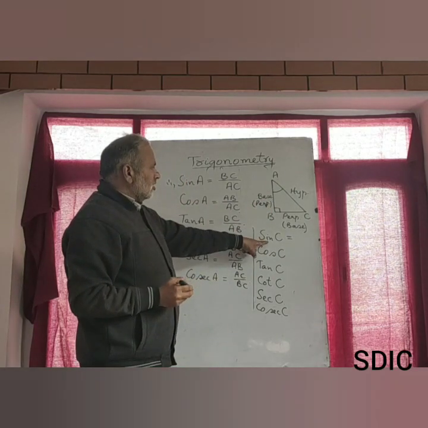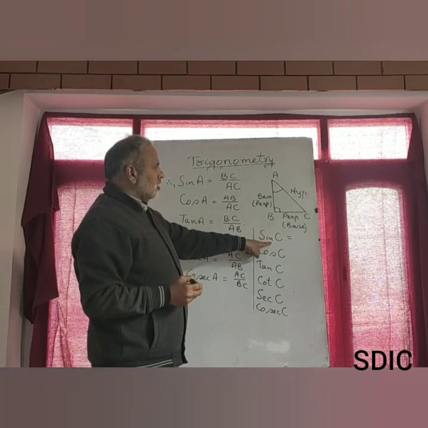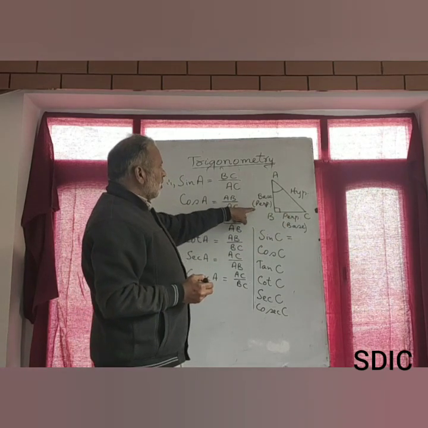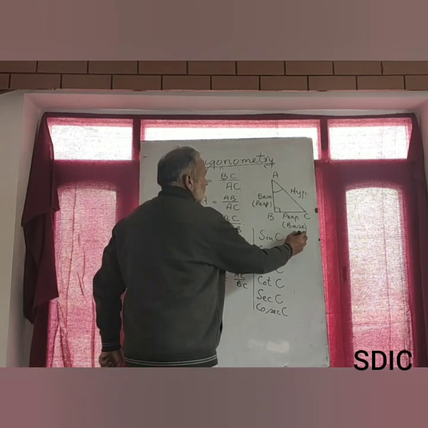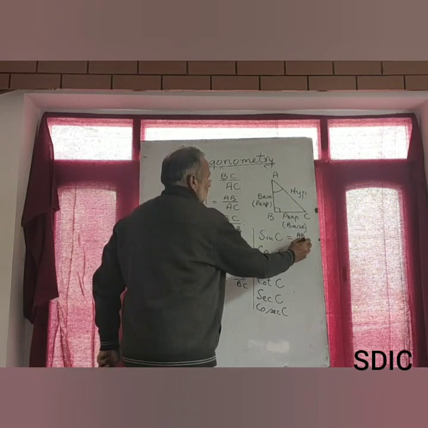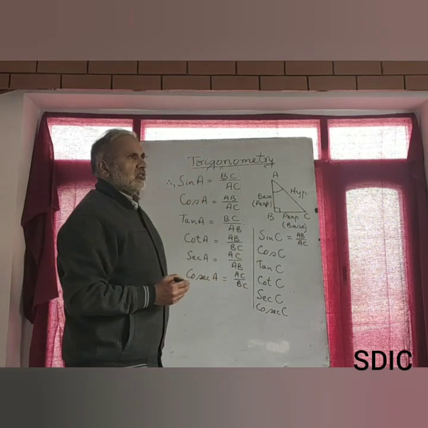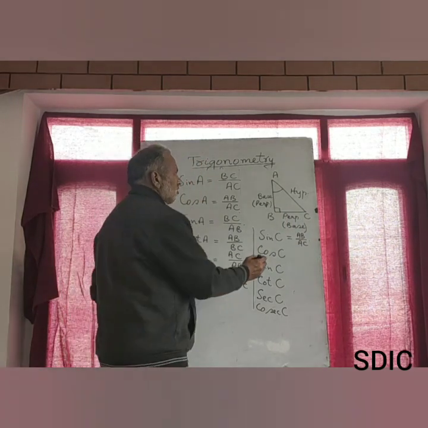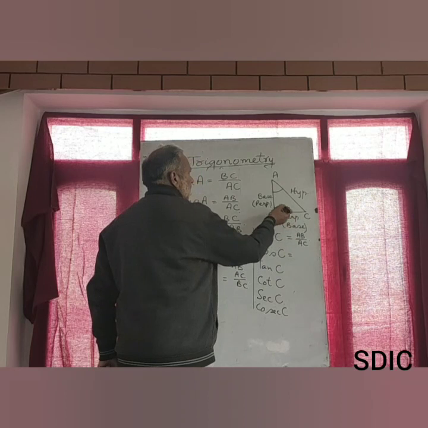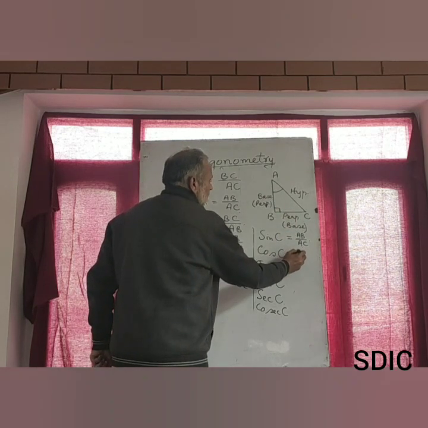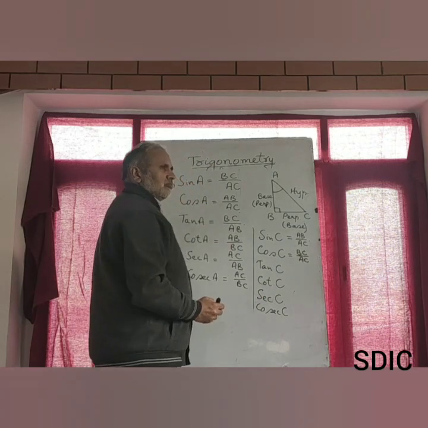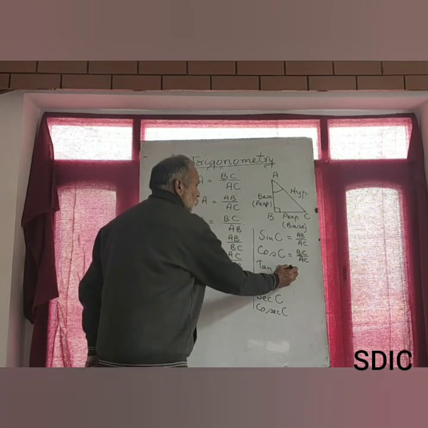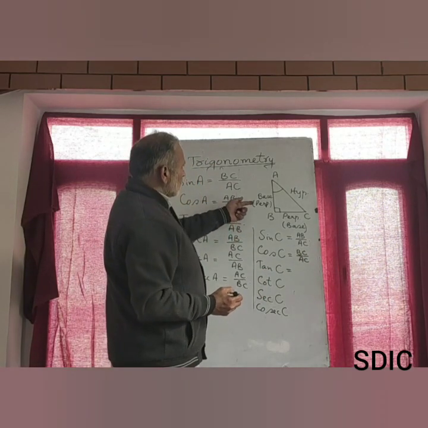And when applying these, sine C will become perpendicular by hypotenuse, means AB by AC. Cos C will become base by hypotenuse. BC is now the base, by hypotenuse is AC. Tan C will become perpendicular by base.